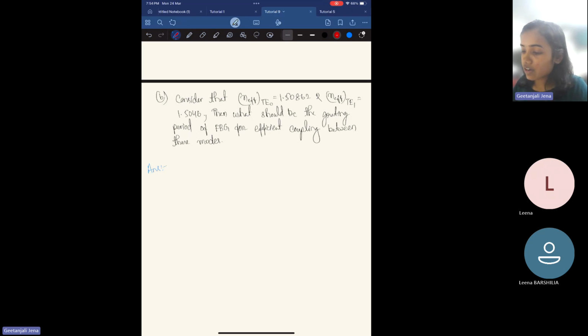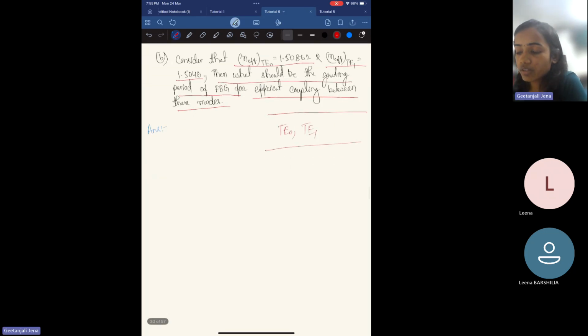It is given that the effective index of T0 is 1.50862 and the effective index of T1 is 1.5046. Then what should be the grating period of the fiber Bragg grating for efficient coupling between these modes? So the fiber is now supporting two modes, T0 and T1.